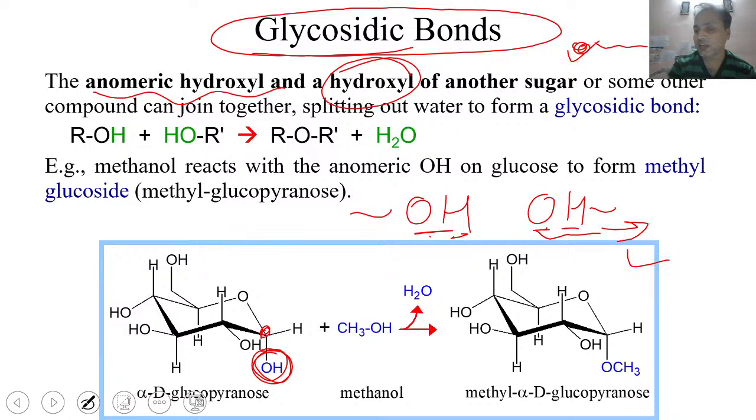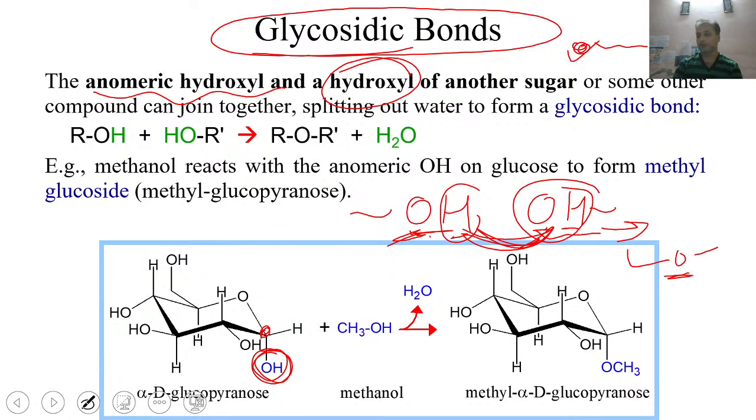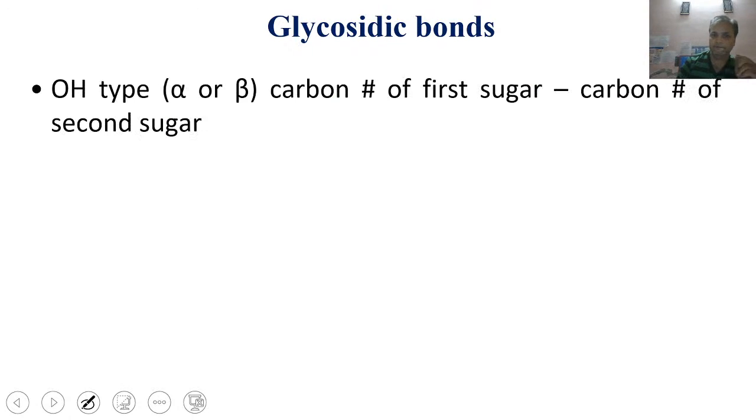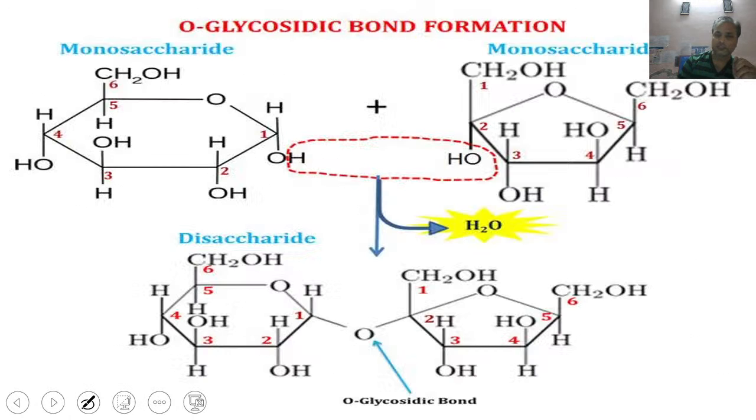If I remove this OH and this H, that is H2O. H2O has been removed and only oxygen is left. So that is the glycosidic bond. We will see that on the next slide. First we will see how the glycosidic bond forms and then we will see how to do its nomenclature.